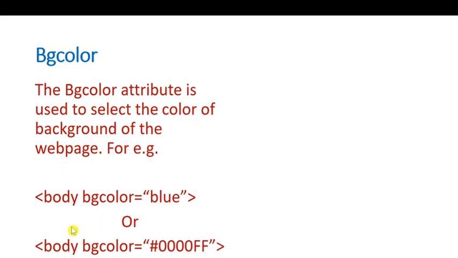For example, body BG color equal to blue, or body BG color equal to the RGB value for blue, that is the hash symbol followed by four zeros and double F. So this is the RGB value for the color blue.